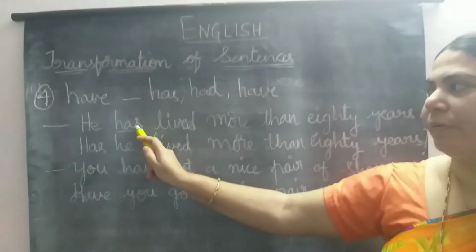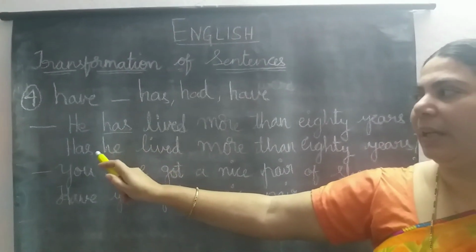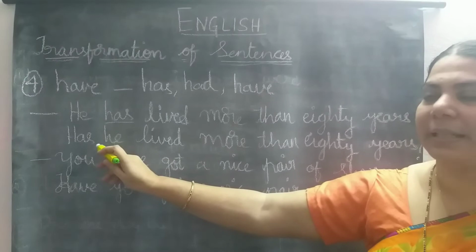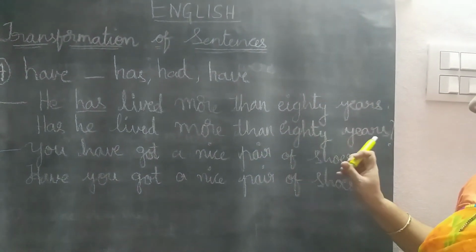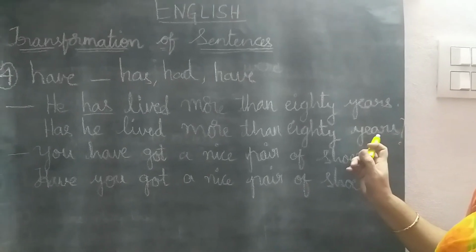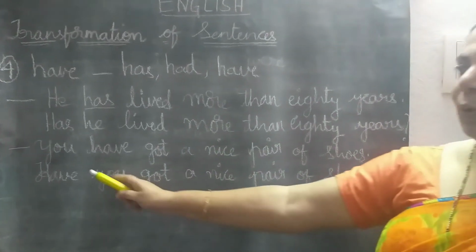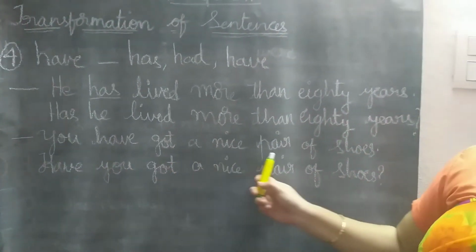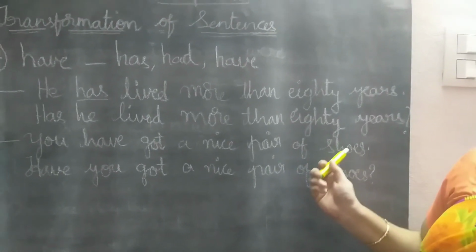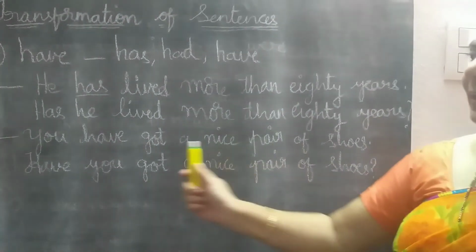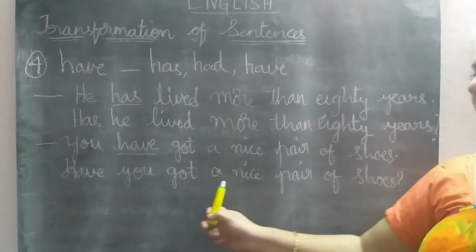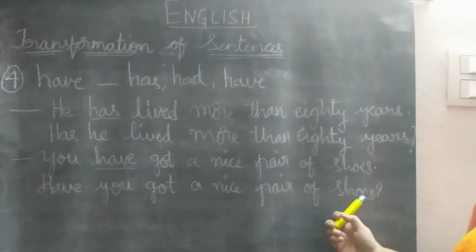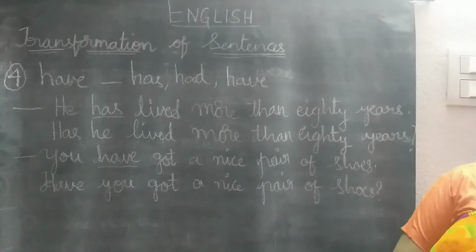The position of this verb should be changed so that we get the interrogation. Has he lived more than 80 years? Now this becomes an interrogative sentence. One more example. You have got a nice pair of shoes. This is a declarative sentence. Change the position of have. Have you got a nice pair of shoes? This becomes an interrogation.